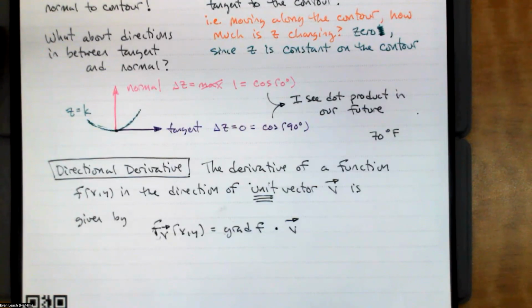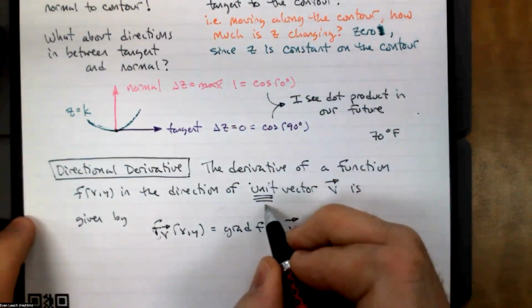Earlier, we had a question about the magnitude of that direction. That's why we want to use a unit vector. Unit vector just means the magnitude is 1, so we don't have to worry about it stretching or shrinking our dot product calculation.